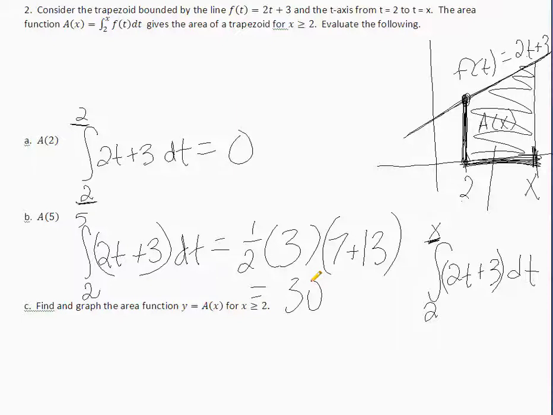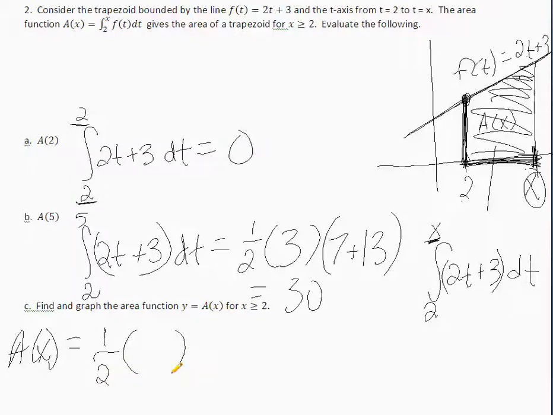Now the last one says find and graph the area function A of x for any x greater than or equal to 2. So now it's asking what the area of this trapezoid would be in terms of x instead of a number. It's still going to use the same formula, 1/2 times the height.